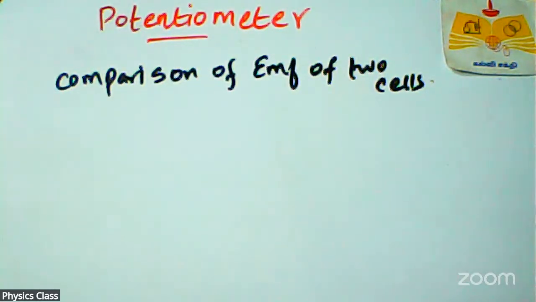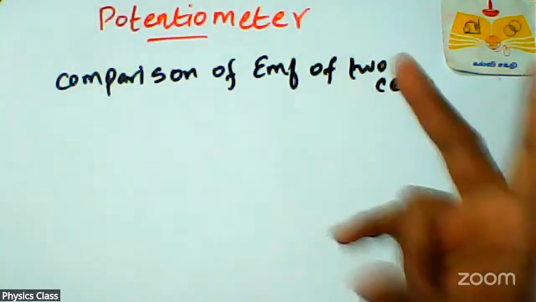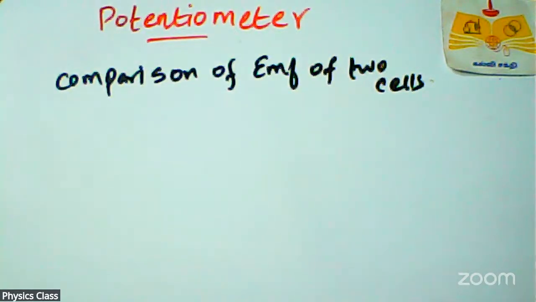By the potentiometer, we are going to compare the EMF of any two cells. It may be Leclanche cells or Daniell cells; any two Leclanche cells, any two Daniell cells. For clarity, we compare one Daniell cell with a Leclanche cell.